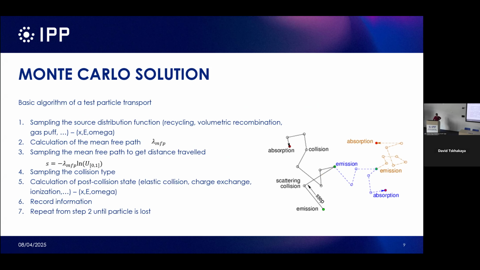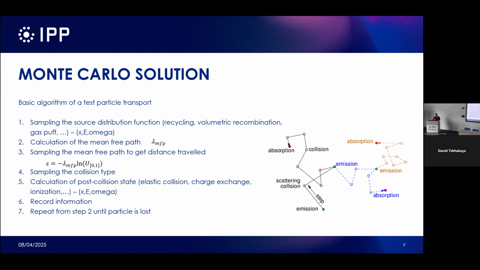How is a single test particle traced? It is first sampled through some source distribution function, based on the source, so through recycling or volumetric recombination or gas puff or other source, to get the initial condition or state, basically.